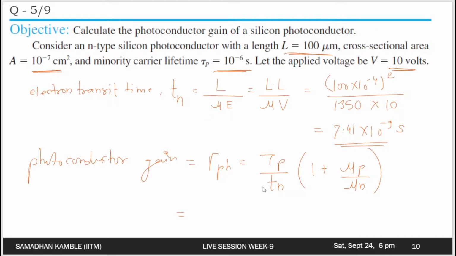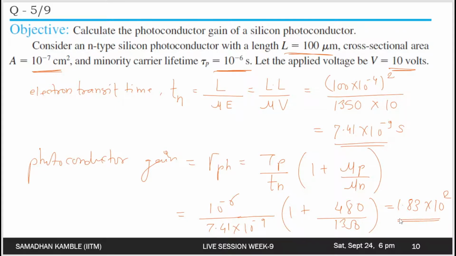If we substitute tau p, which is 10 to the power minus 6 seconds, divided by 7.41 times 10 to the power minus 9 seconds, the transit time that we calculated, and the mobilities, you will get the photoconductor gain as 1.83 times 10 to the power 2. Again, this is a unitless quantity.